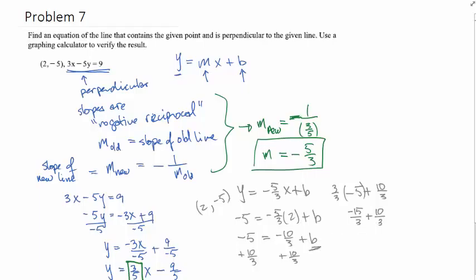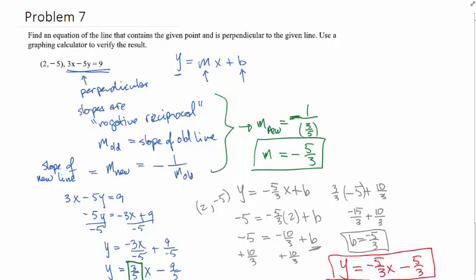So b is equal to negative 5 over 3. All right. So we have our slope, we have our y-intercept. It's a coincidence that they're equal. They're not always going to be equal. So y is equal to the slope, negative 5 thirds x, plus the y-intercept, so that's negative 5 thirds.